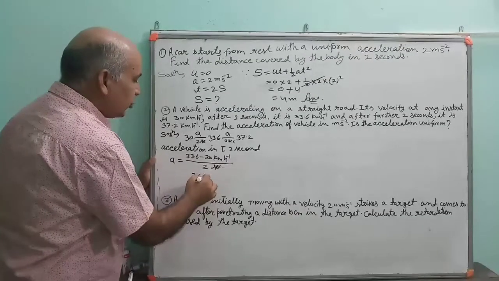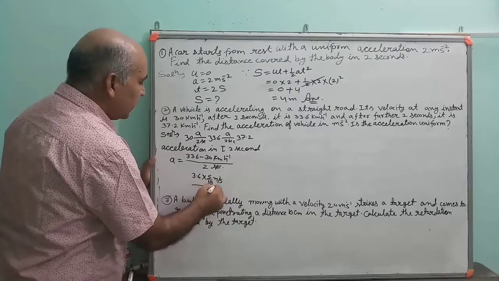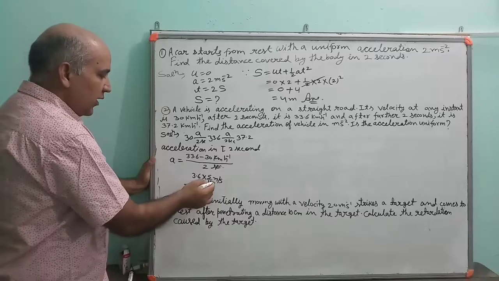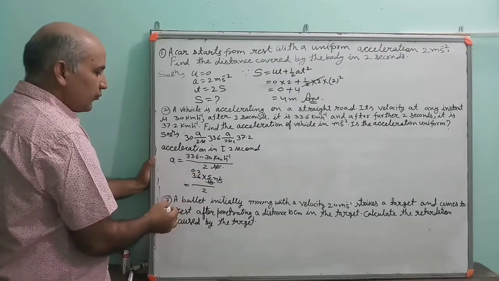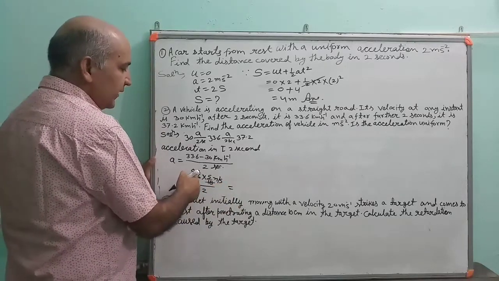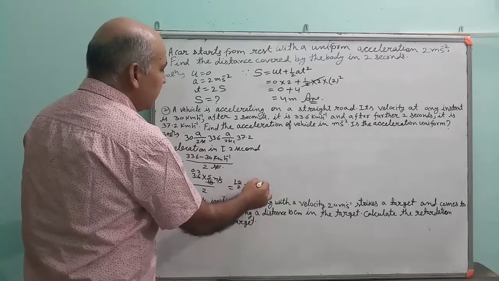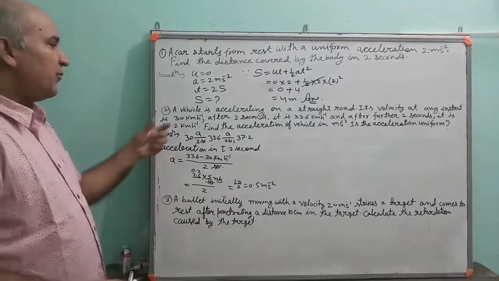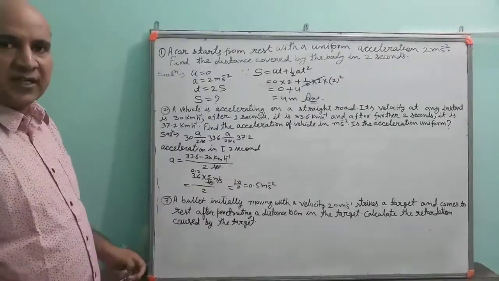To change it into meter per second, it is multiplied by 5 by 18, upon 2. Now 18 dividing 3.6 coming 0.2. Now 5 into 2 is 10, that means 1.0 upon 2 means 0.5 meter per second square. In the first 2 seconds the acceleration is 0.5 meter per second square.